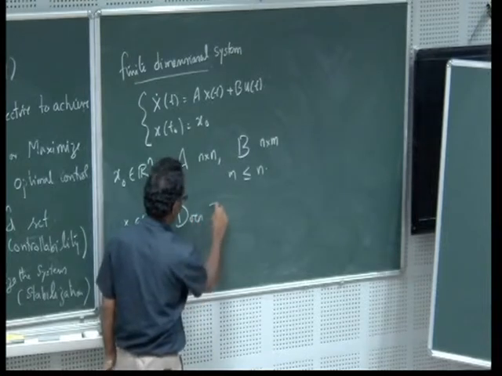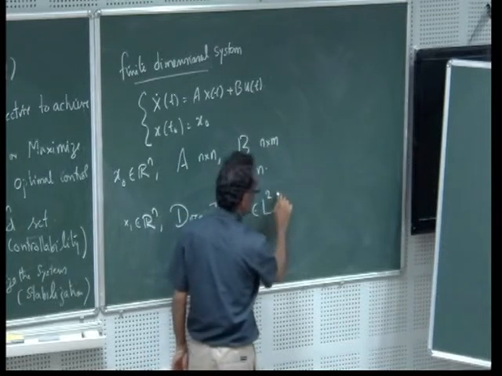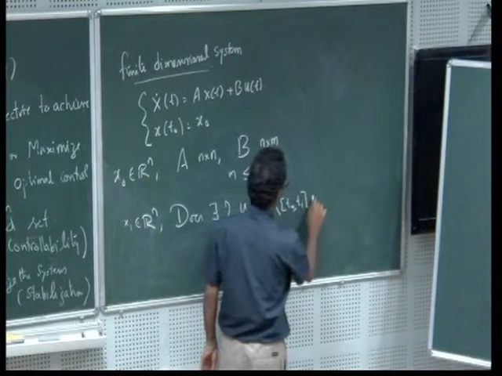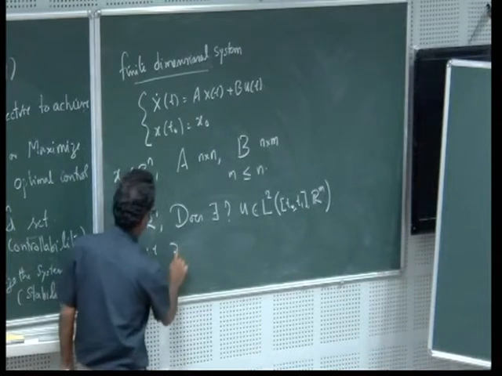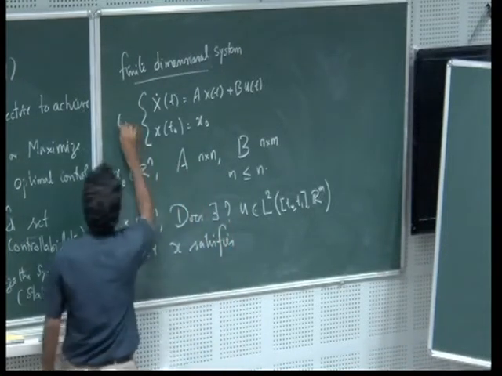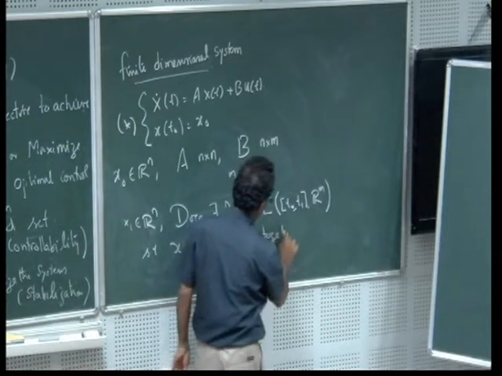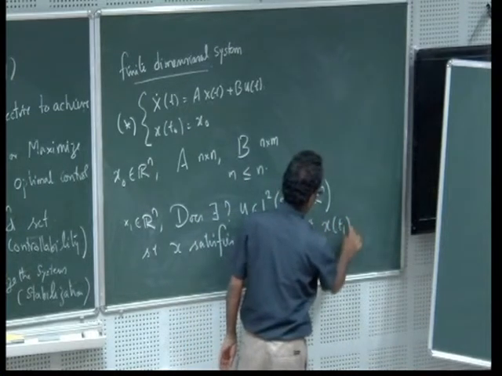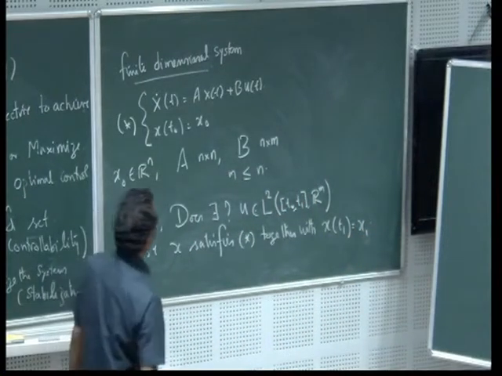Does there exist u, in the standard space, from t0 to t1 into R^m, such that x satisfies this system (star) together with x(t1) = x1?